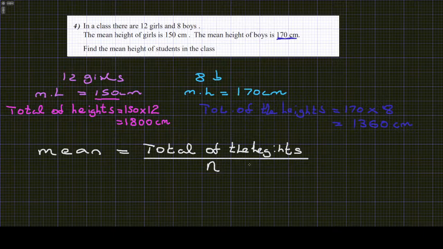So now how to find the mean of all 20 students? So mean equals, what is the total of the heights?